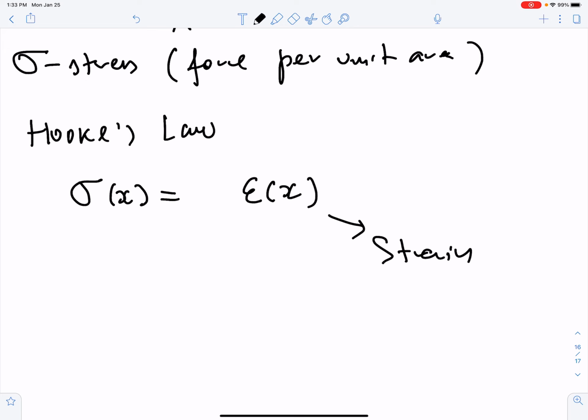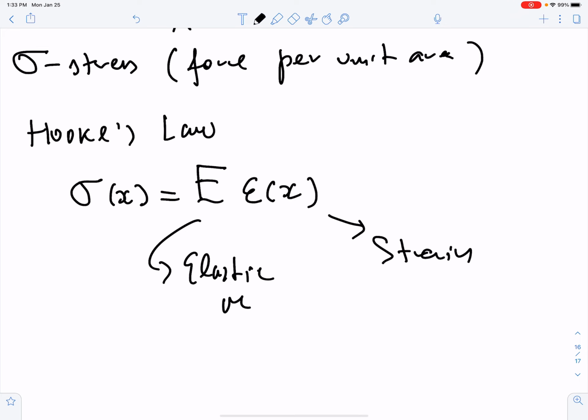And the two are related through a quantity that's experimentally measured, E. E is a so-called elastic or Young's modulus.